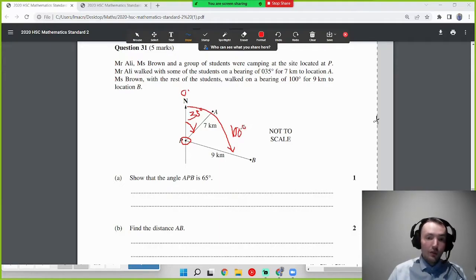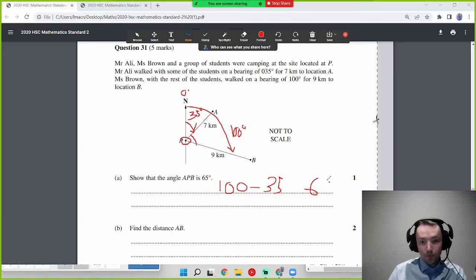So now, to find out what APB is, all you have to do is go 100 minus 35, and the answer is 65 degrees.